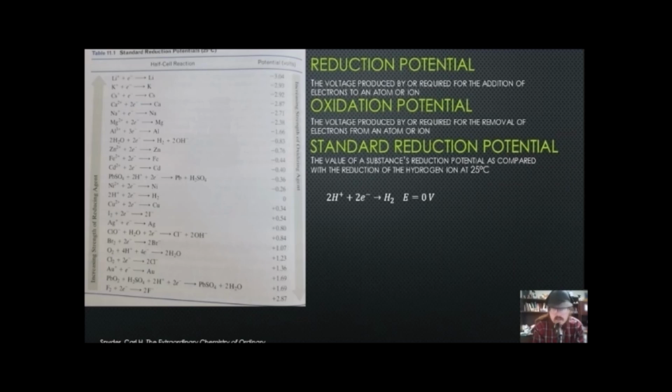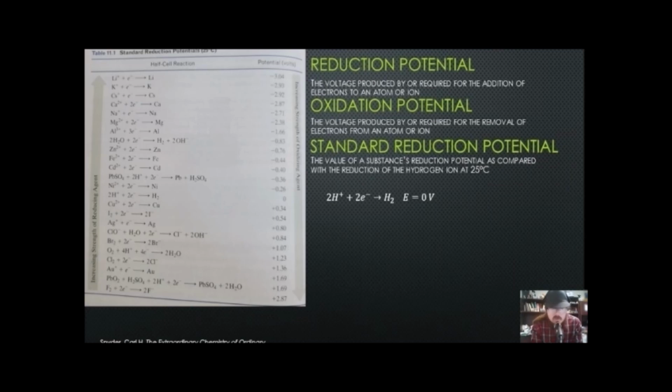It's not easy to isolate any half reaction by itself, because remember, for every oxidation, you need a reduction. So we can't just measure anything by itself. So we had to create an acceptable standard that is accepted worldwide to compare this with.